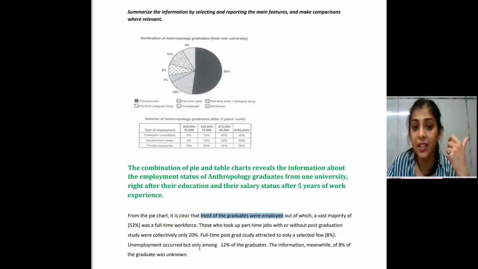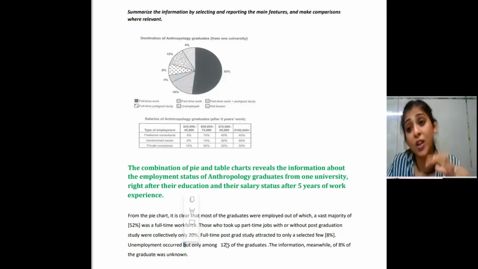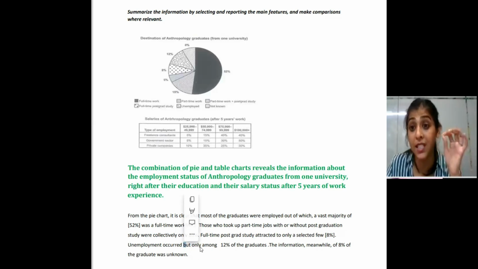And if I write here that unemployment occurred, but only among 12%, then I'm supporting that the majority were employed. Only a few were unemployed. That's the importance of only and but here. These two words: but only among 12% of graduates.